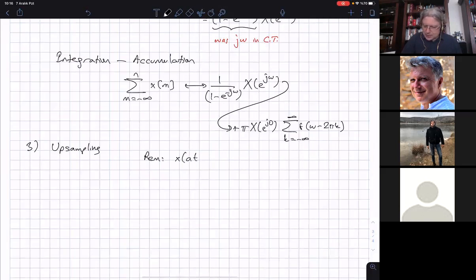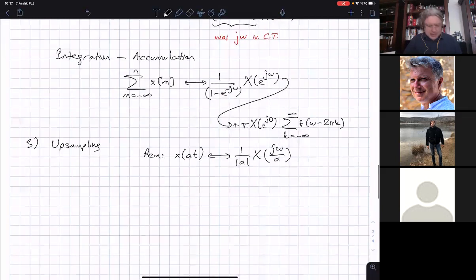Scaling in time was like this, right? x of a times t will have a continuous time Fourier transform equal to 1 over the absolute value of a, capital X of j omega over a. So if you are multiplying in time, if you are multiplying t, then you have to divide omega. You divide in the frequency domain. This was the time scaling.